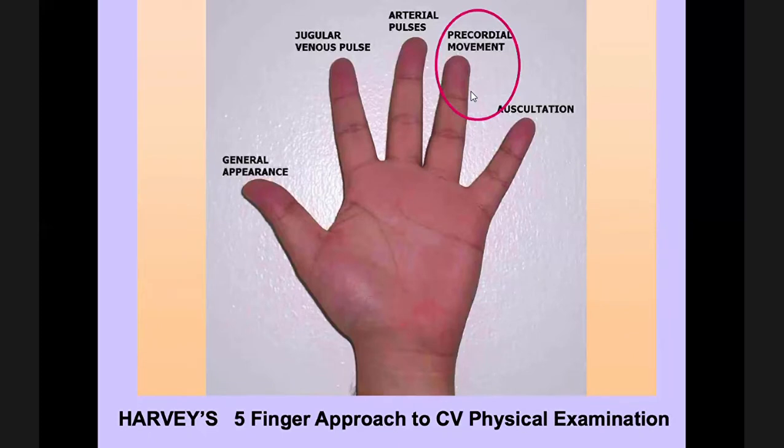And then inspect also if there is visible pulsation on the chest, and if the point of maximum impulse is visible. Now, if it's visible, you locate where the area of the point of maximal impulse is. For example, if you have seen the PMI as diffuse, you also have to measure the diameter of the PMI or the apex beat.